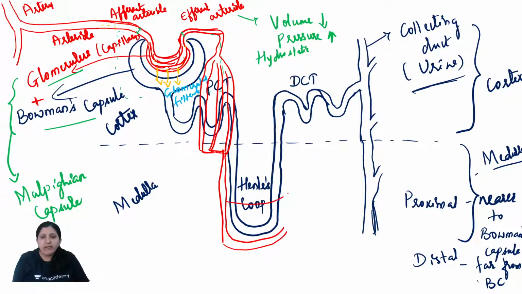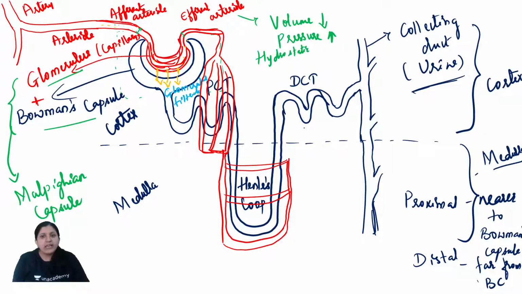Any idea why exactly capillary formation occurs here? This is mainly for the reabsorption process. Now this afferent arteriole will further divide around the PCT, and around the Henle's loop, and again all of these will join together.